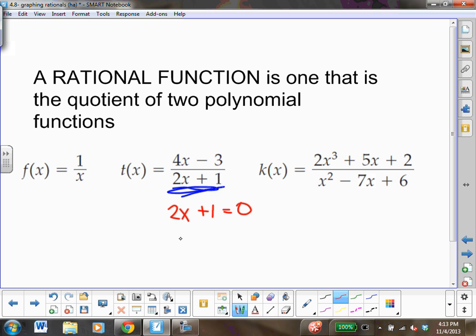So if I take my denominator and set it equal to 0, the function would be undefined at x equals negative a half. I would express that in my domain like this: negative infinity to negative 1/2, and then negative 1/2 to infinity, effectively leaving out the number negative a half.